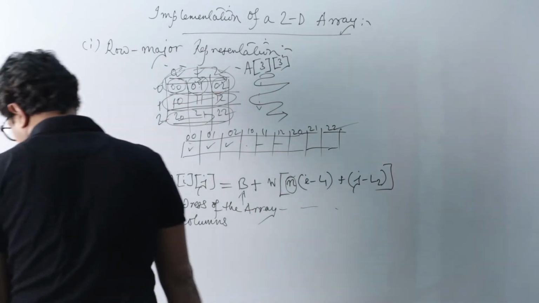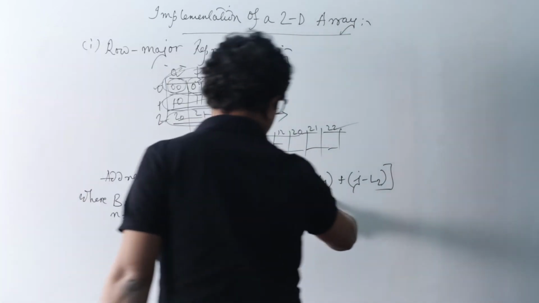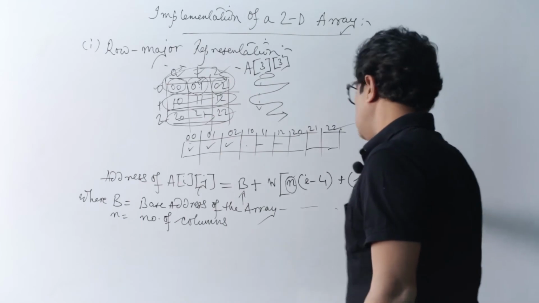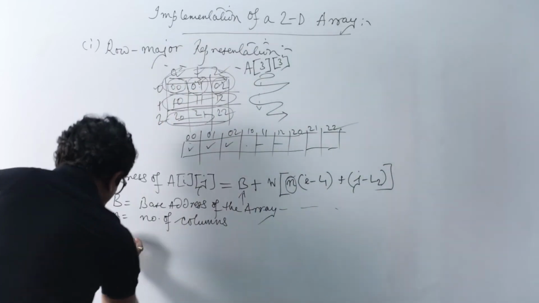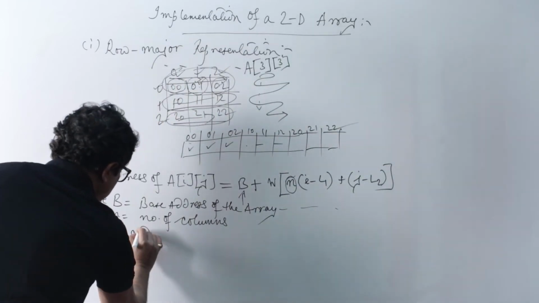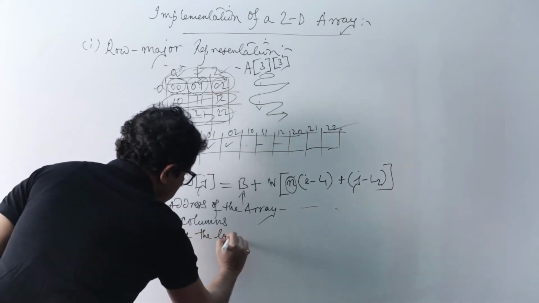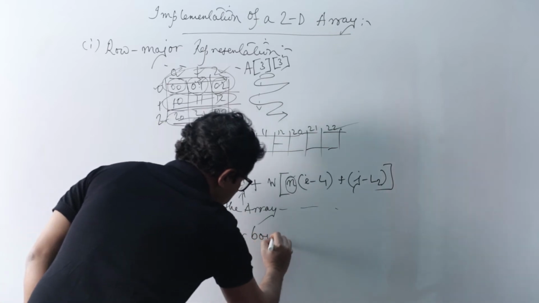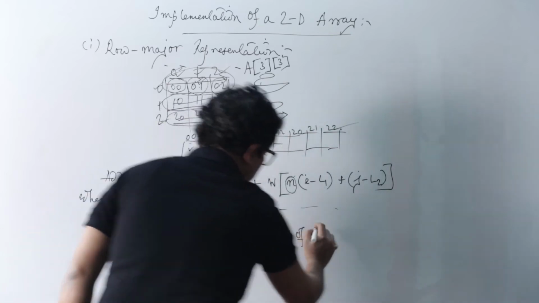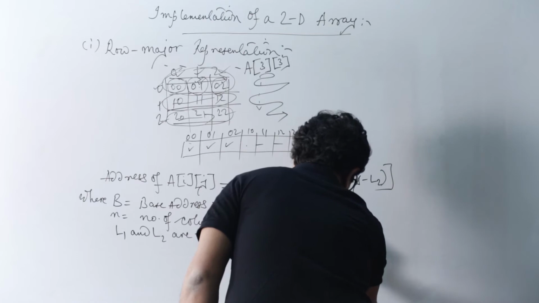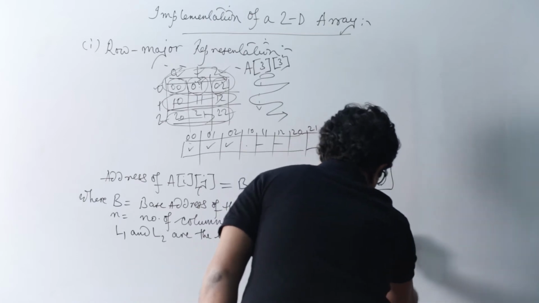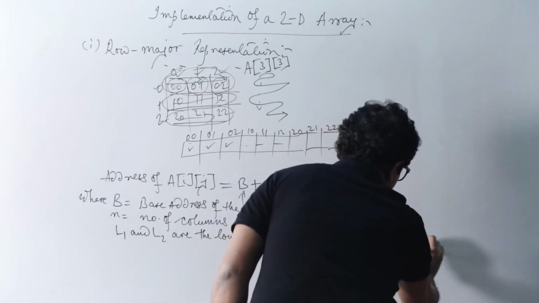And L1 and L2. I have written over here L1, L2. So what are these L1 and L2? L1 and L2 are the lower bounds of the row and column respectively.